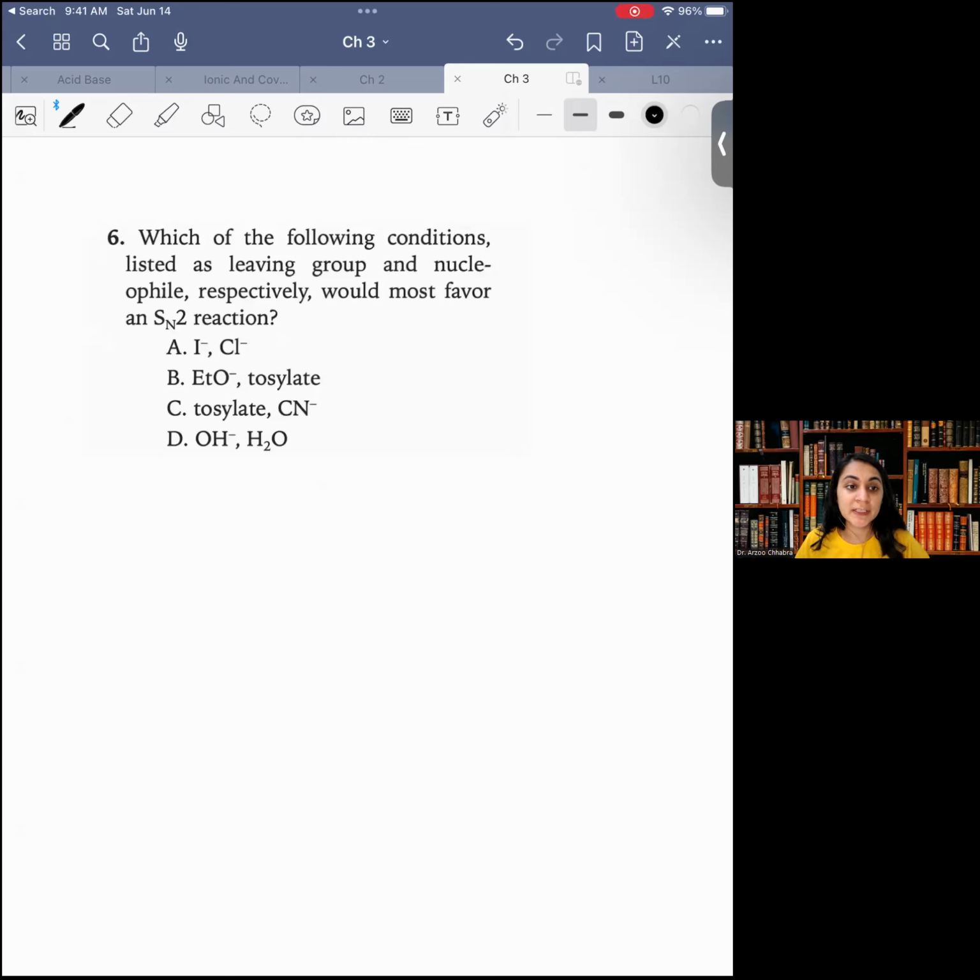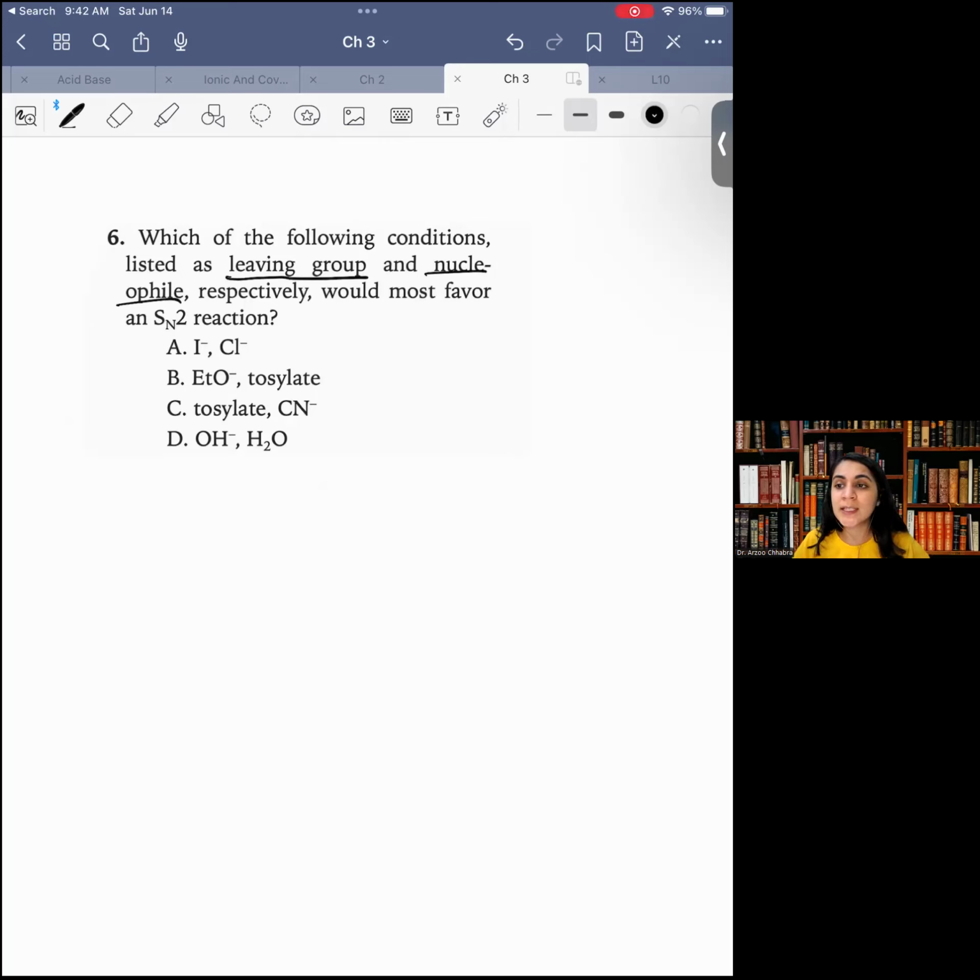Which of the following conditions listed as leaving group, nucleophile, respectively, would most favor an SN2 reaction? So what are a preferred leaving group and a nucleophile for an SN2 reaction, right?